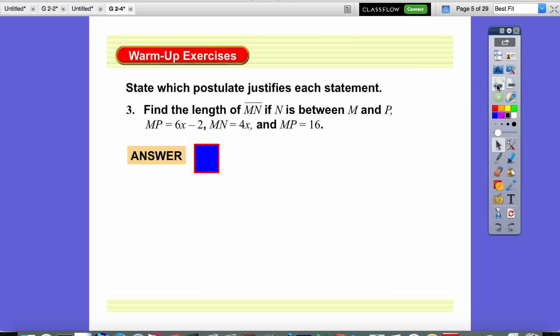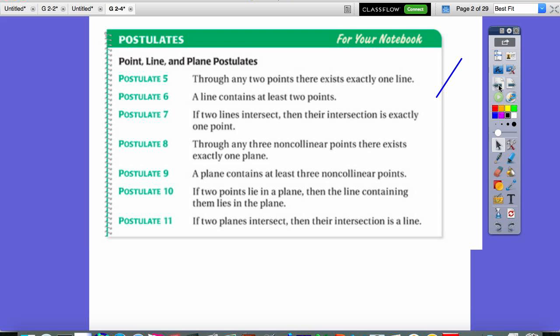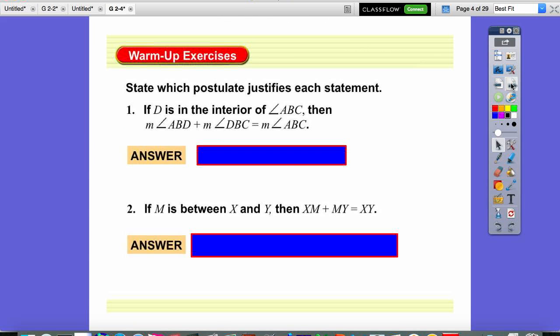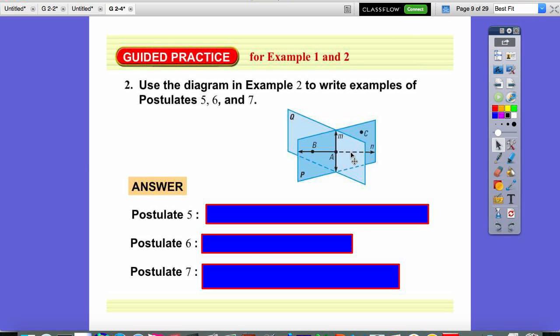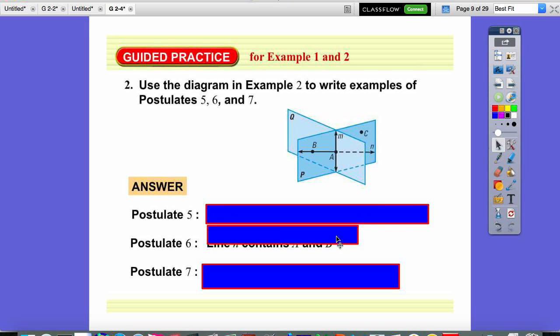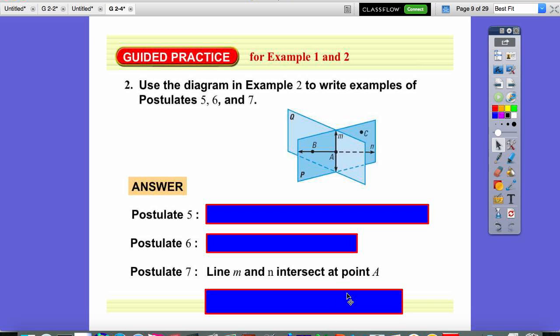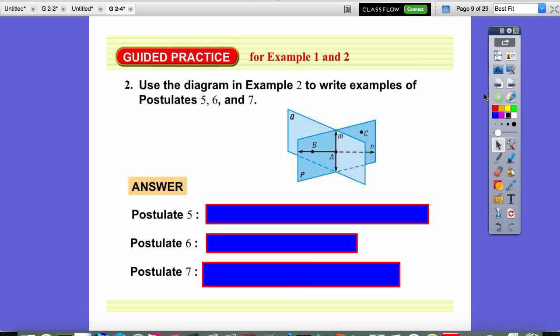I'm going to keep going back so that you will make sure you remember them. A line contains at least 2 points. Okay, so line N contains points A and B. And 7 was about 2 lines intersecting at 1 point, so M and N intersect at point A.